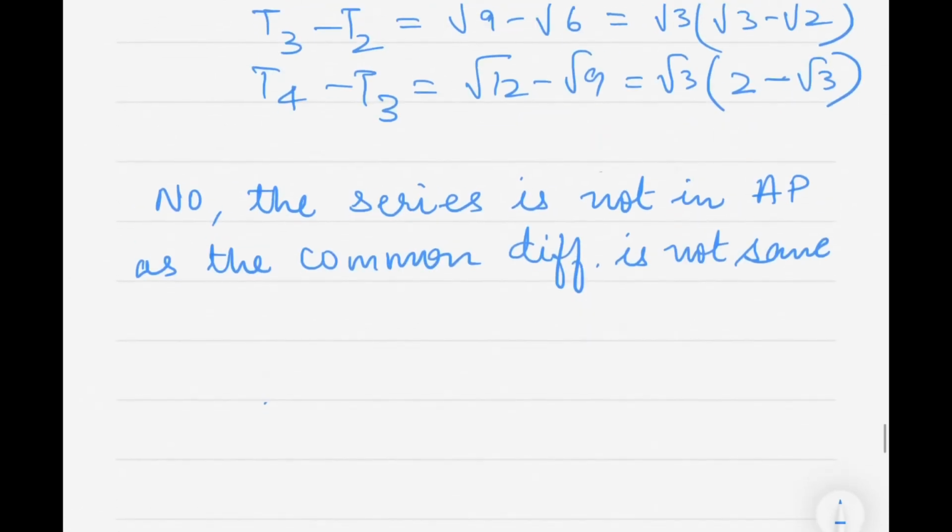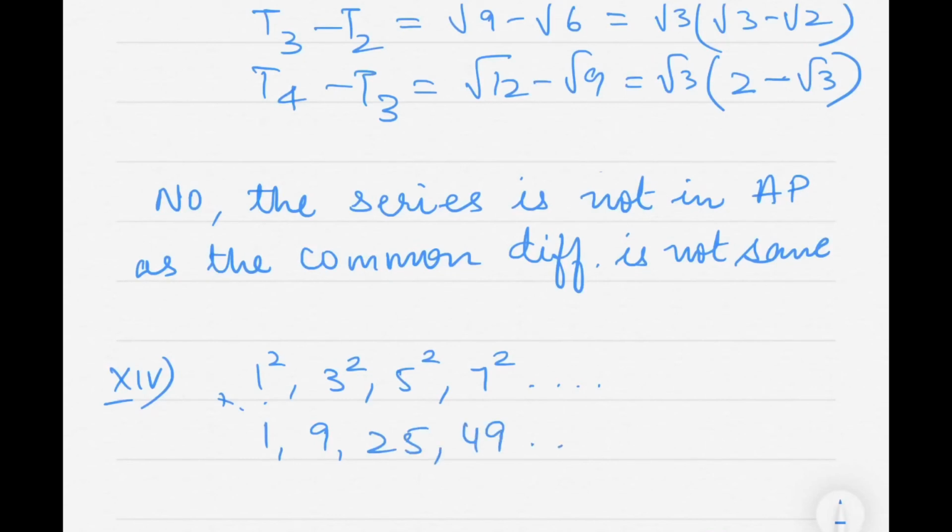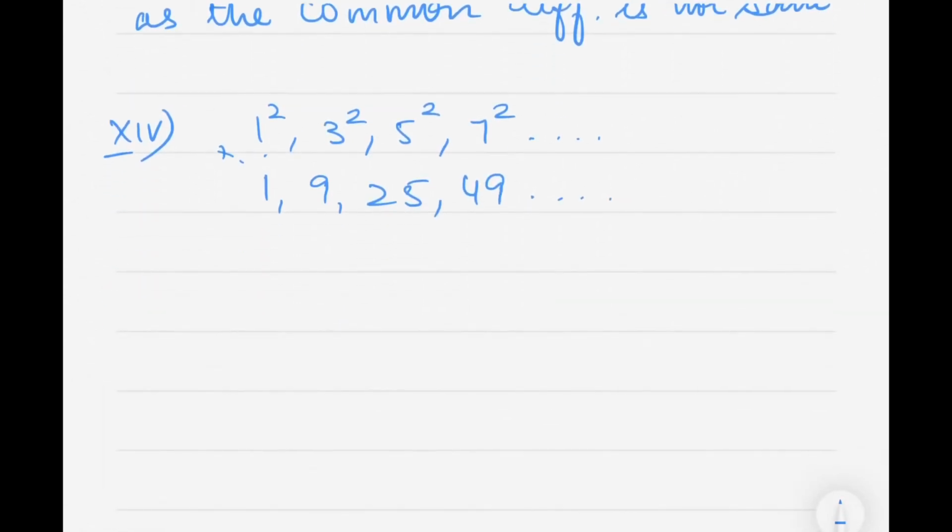Now let's move to the 14th part. The 14th part says 1 square, 3 square, 5 square and 7 square and so on. Now 1 square is 1, 3 square is 9, 5 square is 25 and 7 square is 49 and so on. T2 minus T1 is 9 minus 1, so 8.